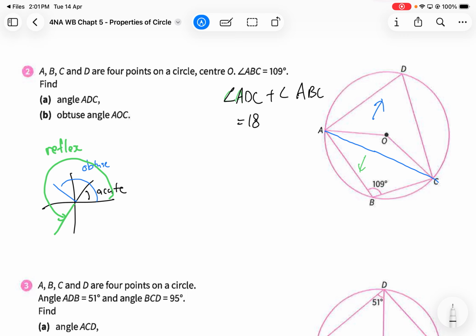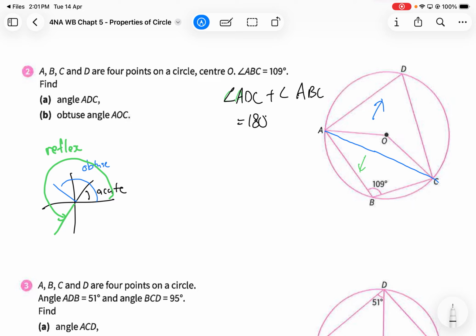Okay? Here and here. When they are on opposite sides, they add up to 180. So if ABC is 109 already, angle ADC will be equal to 180 minus 109, which is 71 degrees.